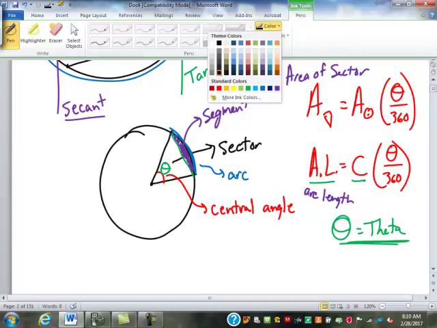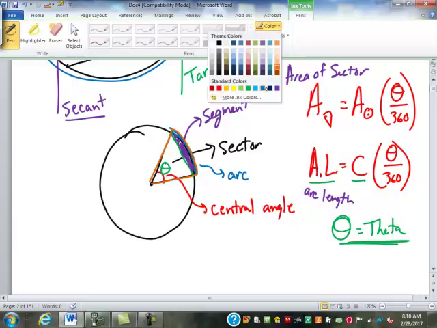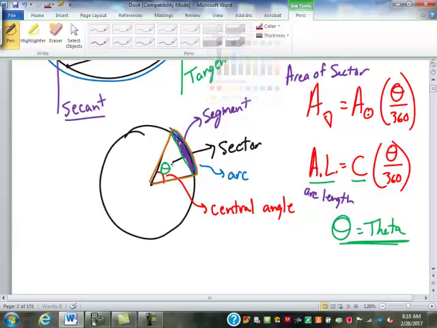Well, today we're going to define some other angles. That's a central angle. How do you find the segment? You found the area of the whole sector, and then you found the area of the triangle. We subtracted those two. The segment was the difference between the sector and the triangle.